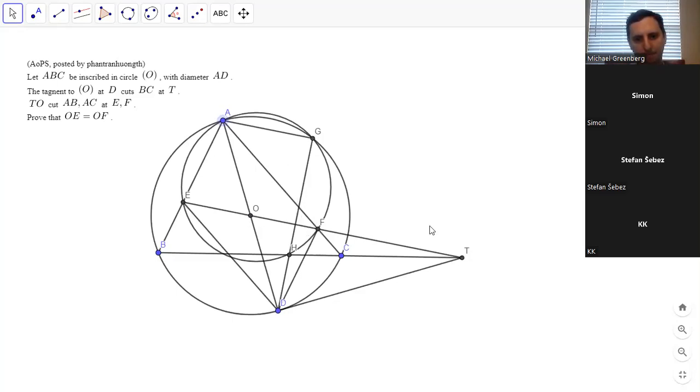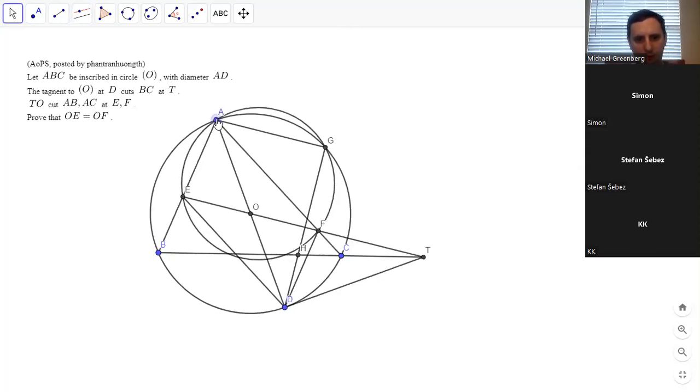So yeah, there's a lot of stuff to this configuration. Okay, I don't think H lies on that circle, right?